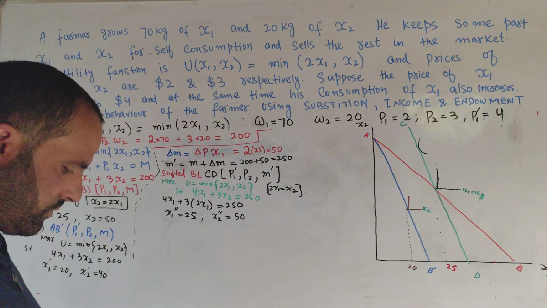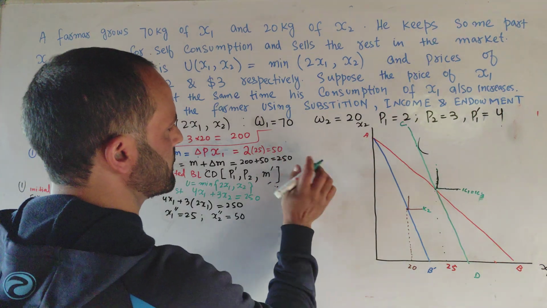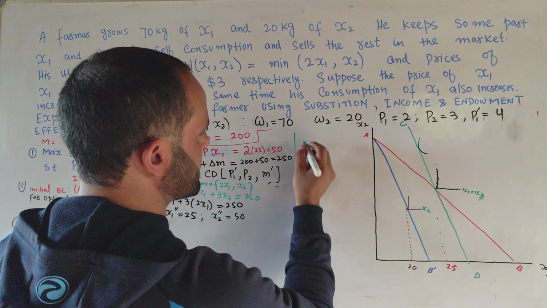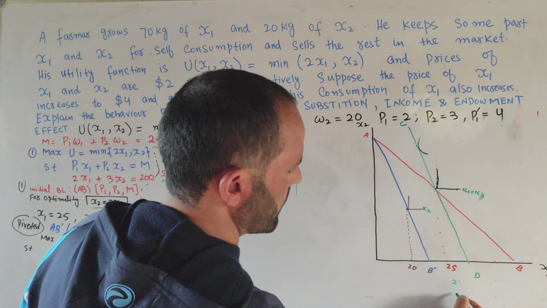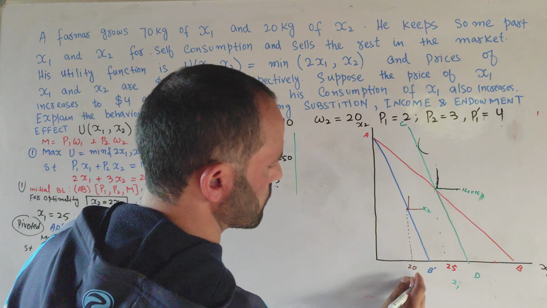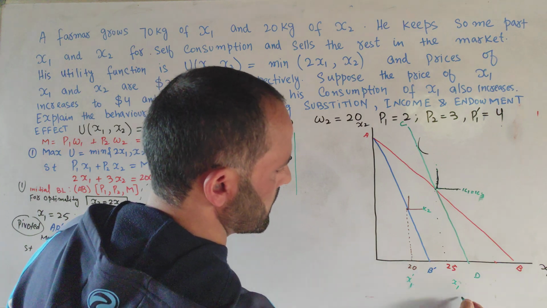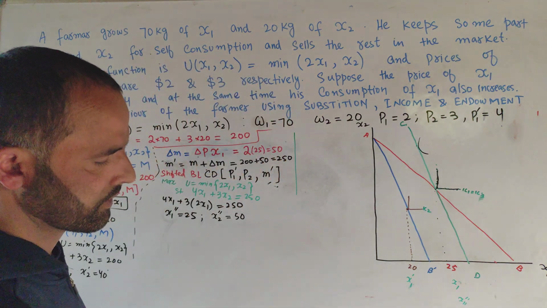Okay, that means what will be the substitution effect in this case? In this case, this was our x1, this was x2, this was x1 prime, this was our x1 double prime.